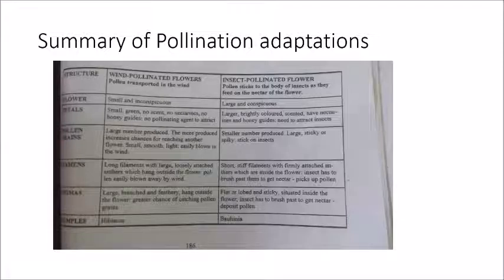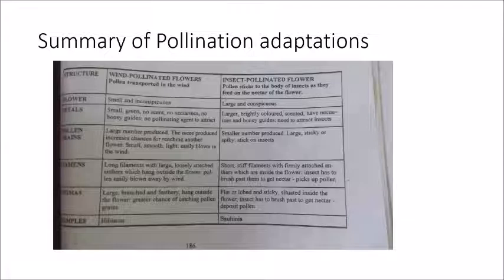Like I said, with wind pollinated flowers, the pollen grains are going to be very small and smooth, so that's going to help them to travel in the air. In addition to that, you'll also have a larger number of pollen grains being produced. That's going to help increase the chances of pollination occurring, because if you have more pollen grains traveling in the wind, that's going to increase the chances of that pollen landing on another flower of the same species.